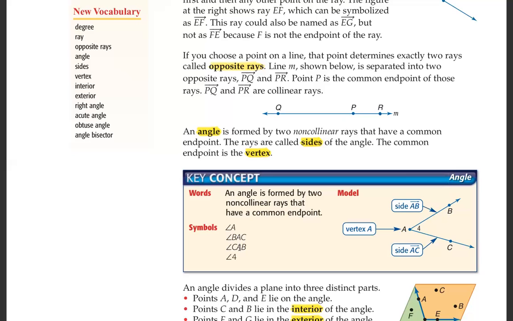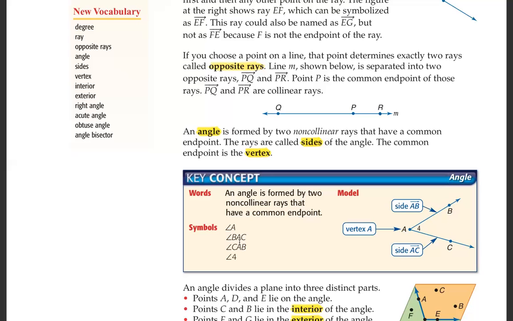If A is not at the center, you're referring to another angle which is not this one. So in this angle, your vertex is A, therefore A should be in the middle of the three letters. The first and the third letter do not have a restriction on which is first or third. The only restriction is that the middle letter pertains to the vertex of the angle that you are naming.